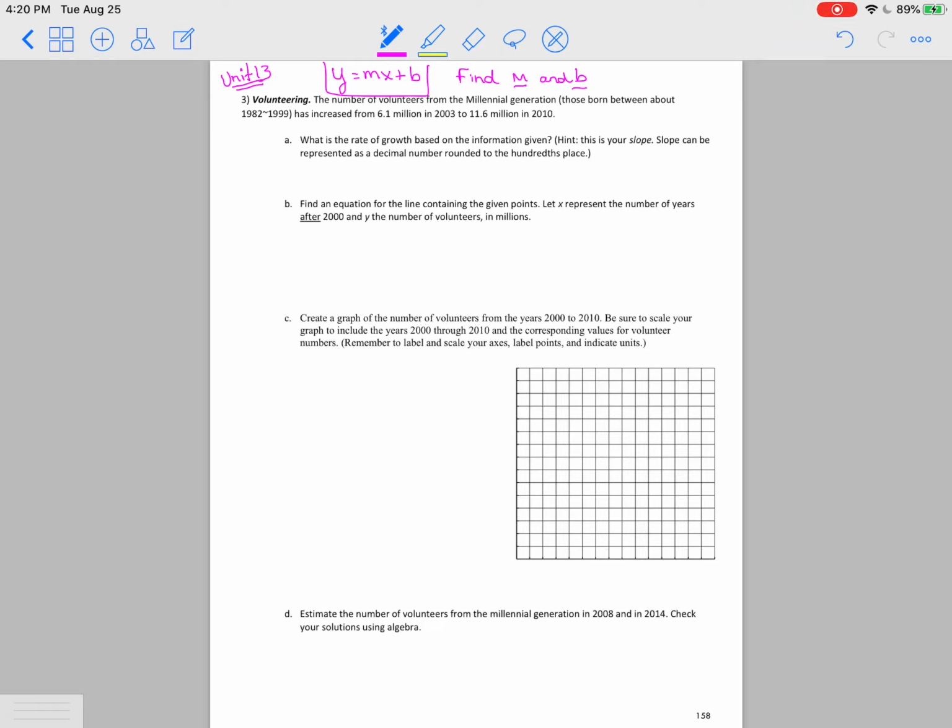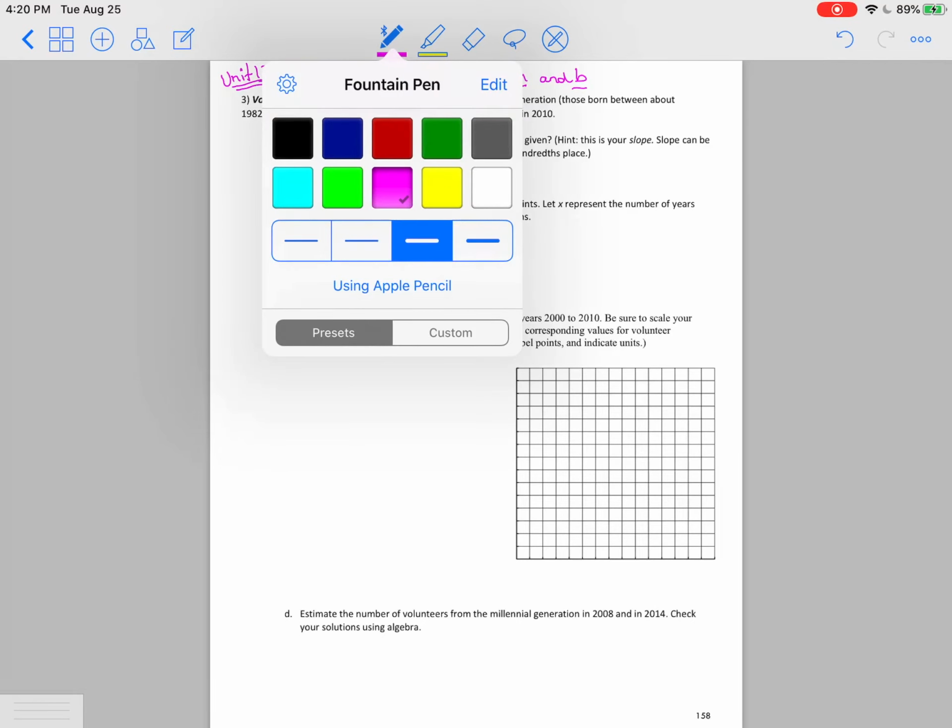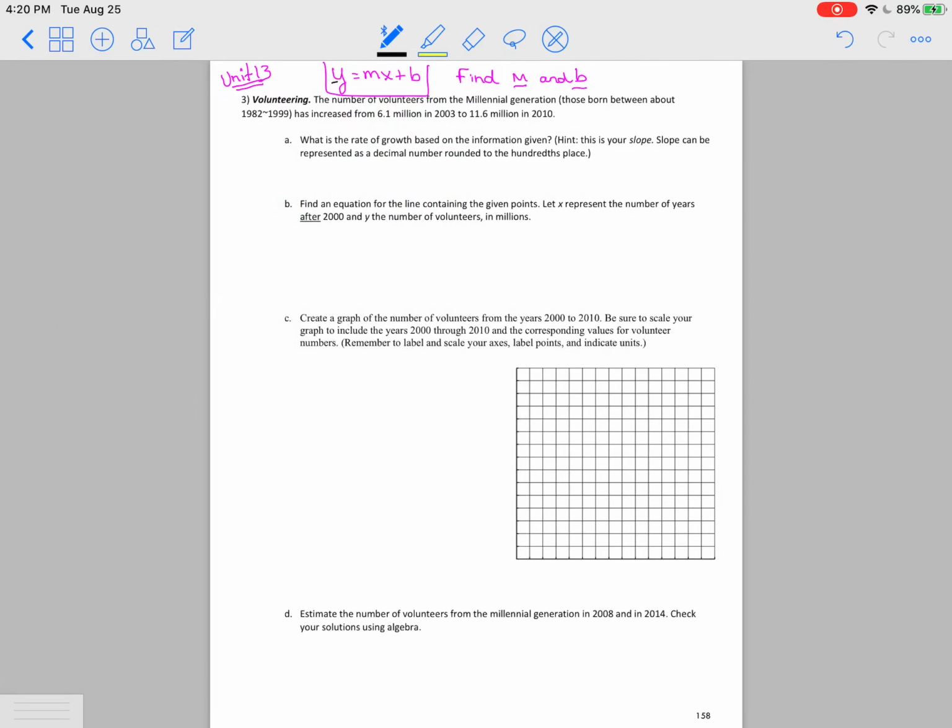The second scenario would be you have an application problem that gives you the slope and 1 point so that you can solve for b. You can plug the x and the y into your equation and solve for b, because you'll already know your m, so of course your m will be inserted as well. The third scenario is they're not going to give you any of those things. They're just going to give you 2 points.